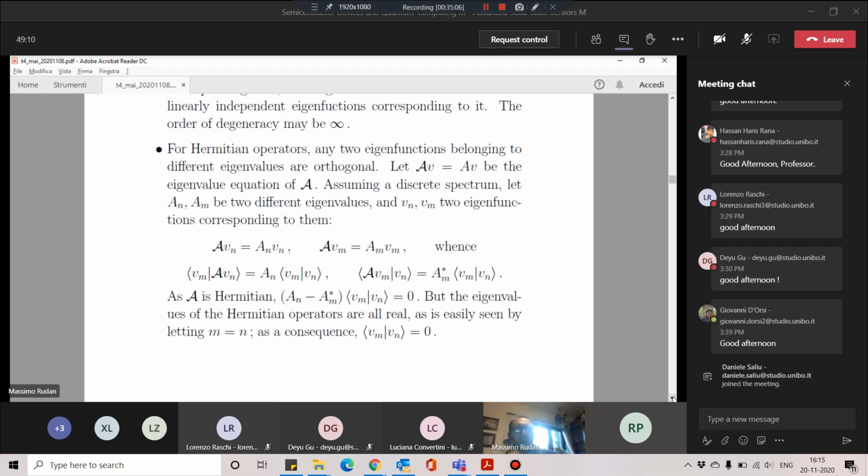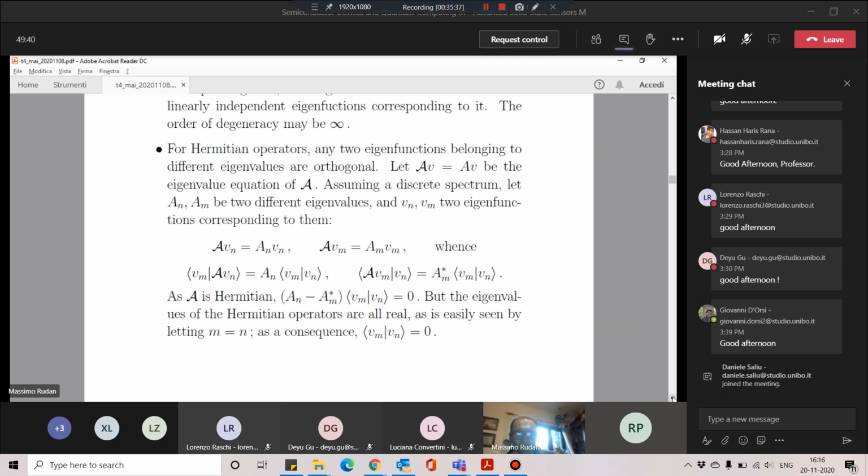So the conclusion is that if we have a Hermitian operator, the eigenfunctions corresponding to different eigenvalues are mutually orthogonal. This is fundamental because, as we shall see, it eases very much a number of calculations. Okay.